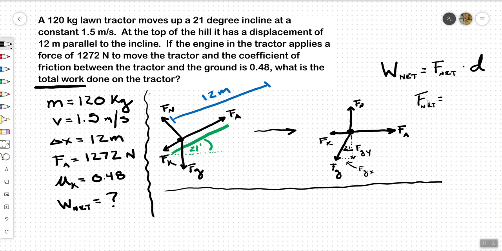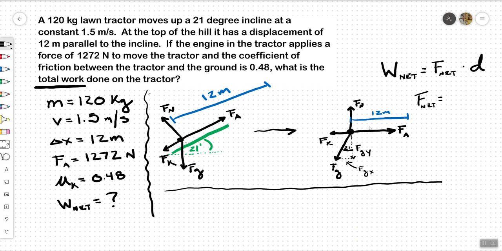So the net work is equal to the net force times displacement. I don't have to use cosine of angle, because since this is now horizontal, really the tractor is moving 12 meters this direction. So whatever the horizontal net force is, those are my forces. There is no angle involved, so I don't need to worry about it.